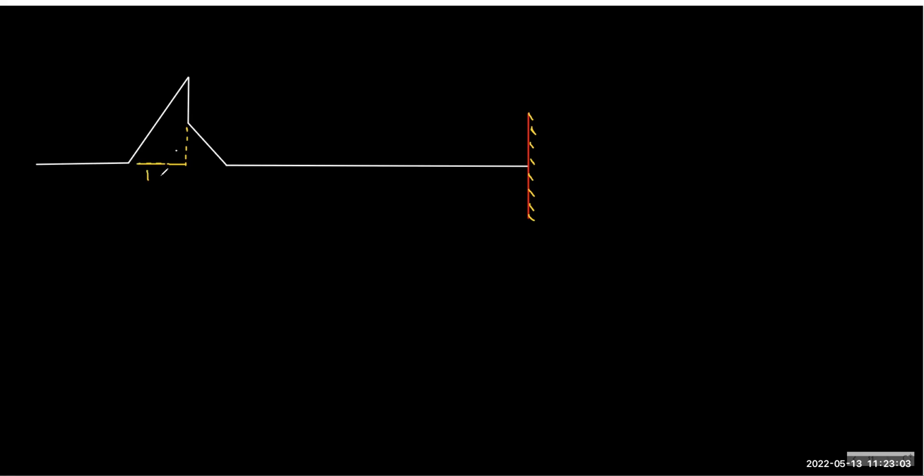Technically, this is 1 centimeter and this is also 1 centimeter. And the full height is this is 1 mm and this is 1 mm. It's like the full height is 2 mm.